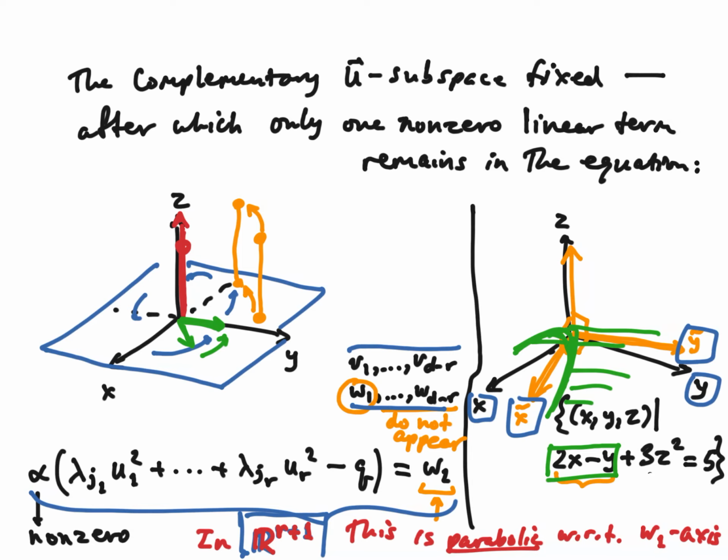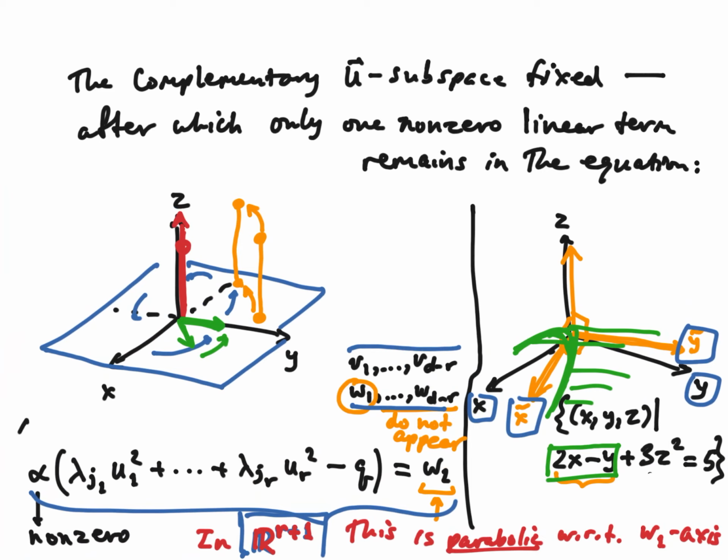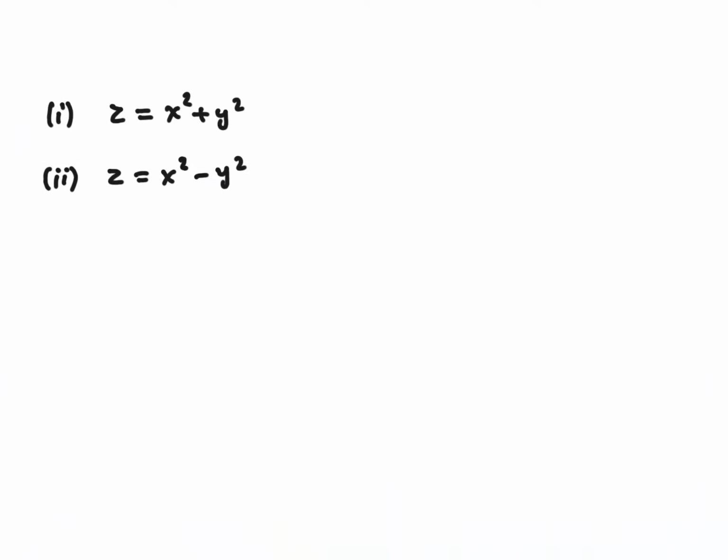Of course, we still have to study what parabolic sets can look like. Familiar examples of parabolic sets: think of something like this, and think of something like this. You see that these are just two examples of this general form down here, because you have some quadratic terms with non-zero coefficients, and then on the other side of the equation you have a linear term with respect to a different variable.